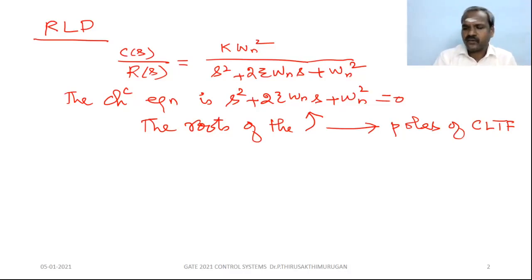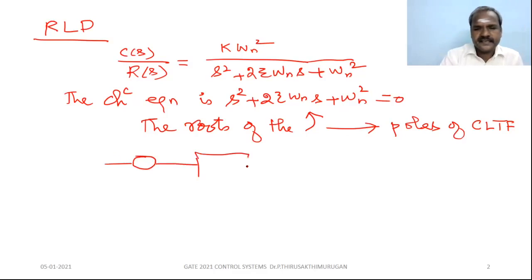Consider a closed loop system with input R(s). This is G(s), the forward transfer function.